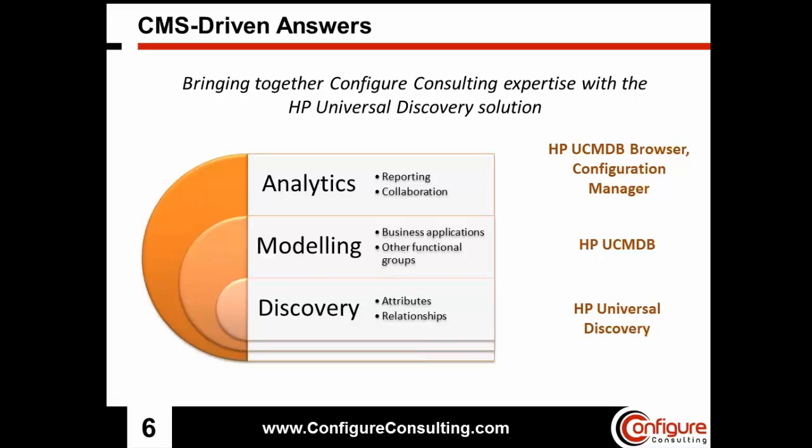This combined data sets the foundation of the solution, and this foundational element is then modeled within the UCMDB into functional groups. Those functional groups can be business services, applications, business units, locations, etc. And this universe of modeled data within the UCMDB is what we use to do our reporting and analytics.